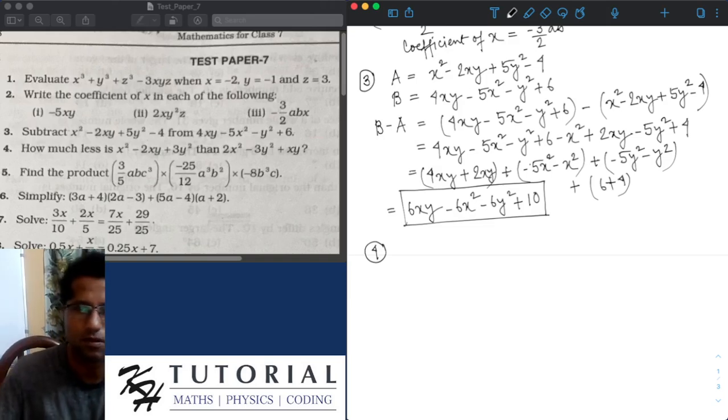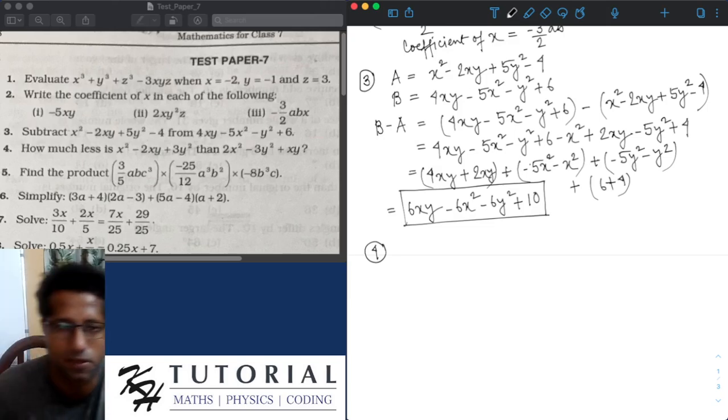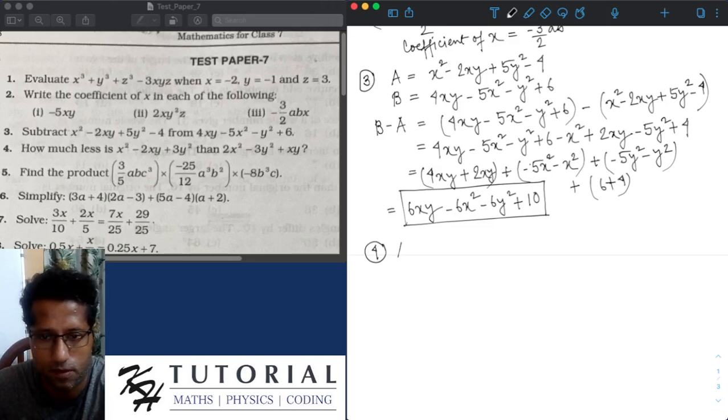It is easy for computation and for better readability. So it is asking how much less is this expression than this other expression.